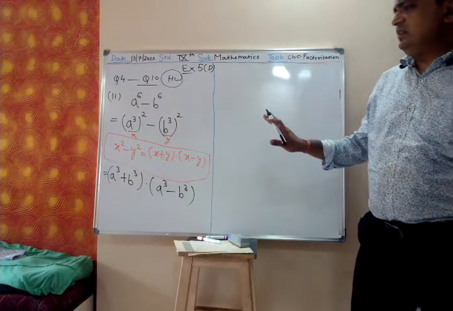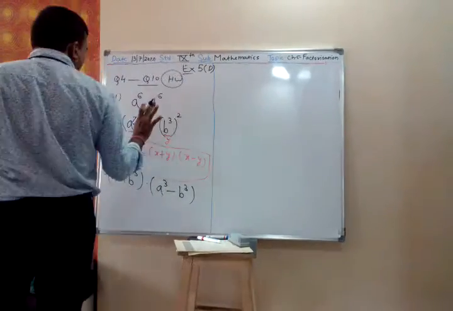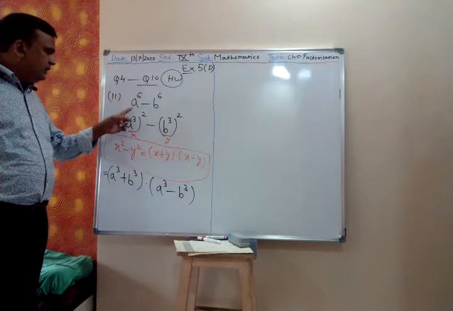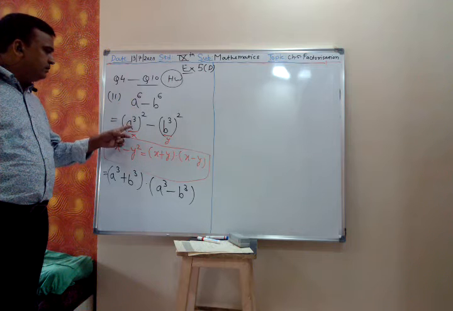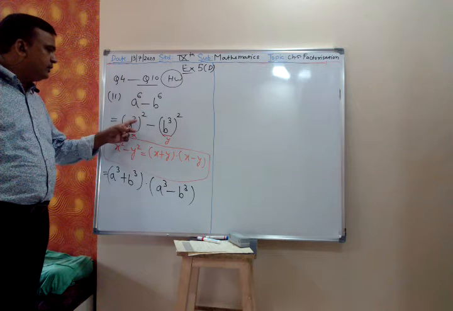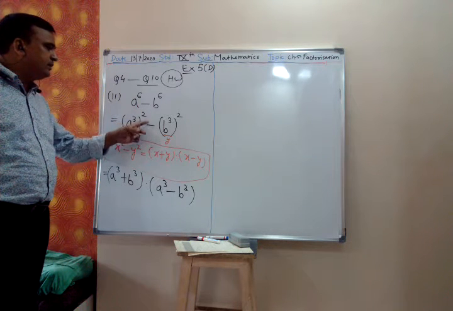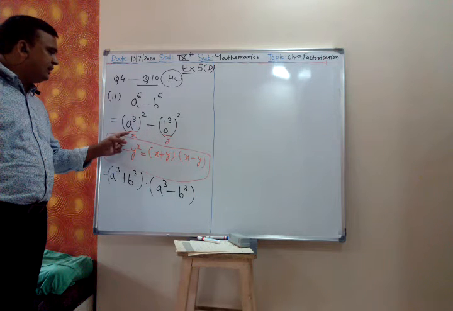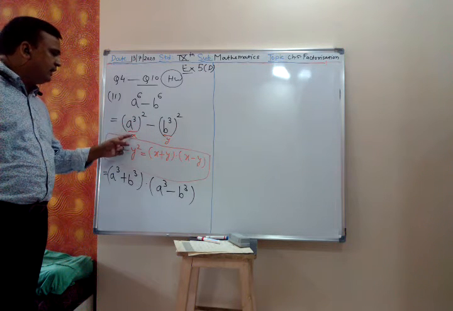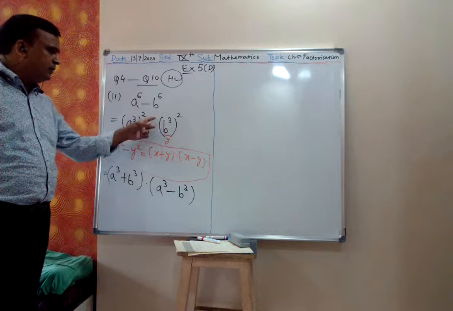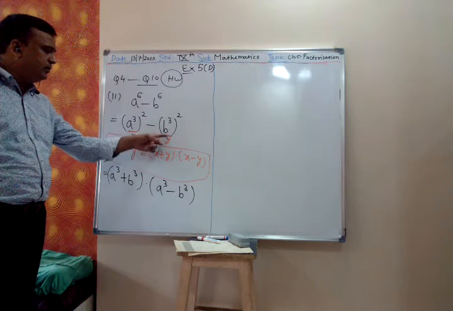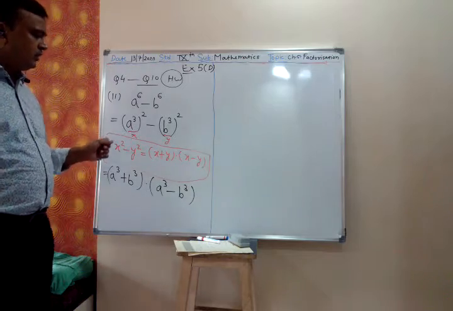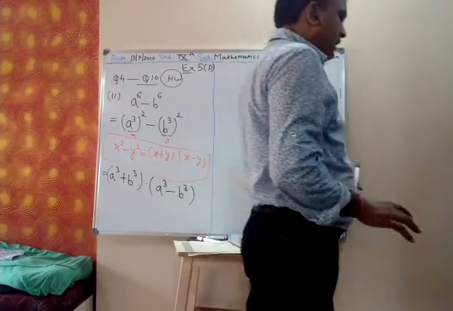See here. Wait. Let me explain. This A raised to 6 I can write as A raised to 3 raised to 3? Power raised to power, multiply the powers. So now this bracket I will take x cube. I am taking x for A cube, and for B cube I am taking y.